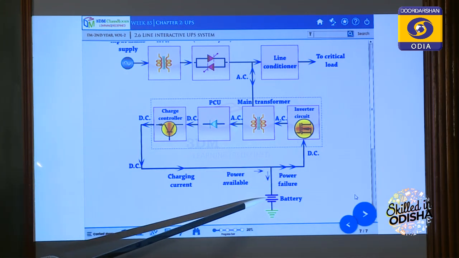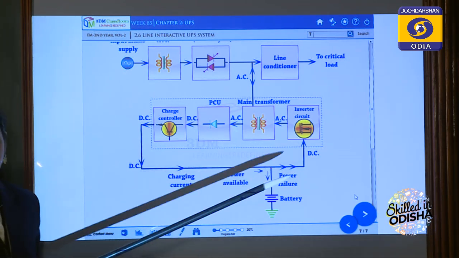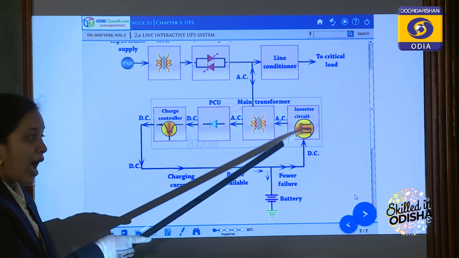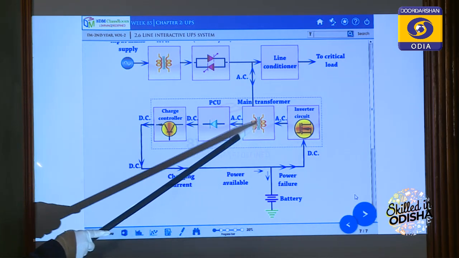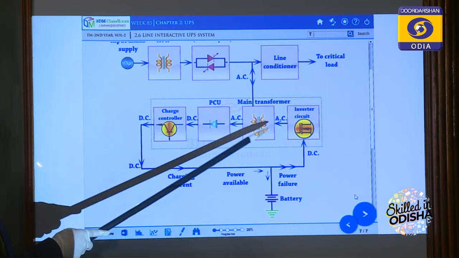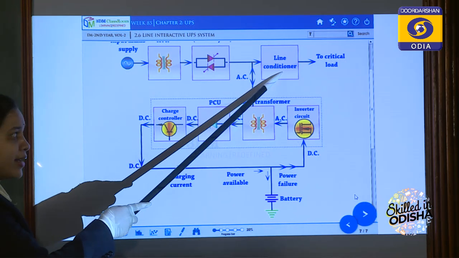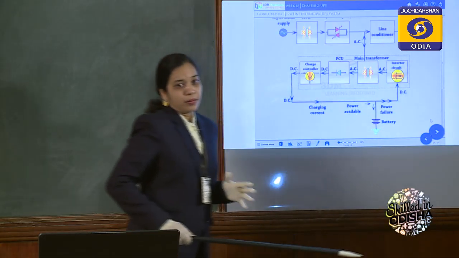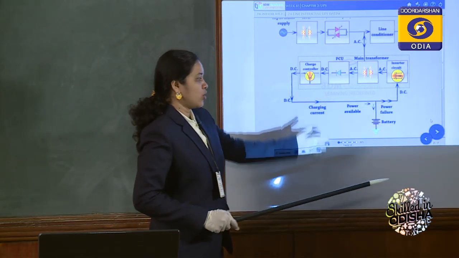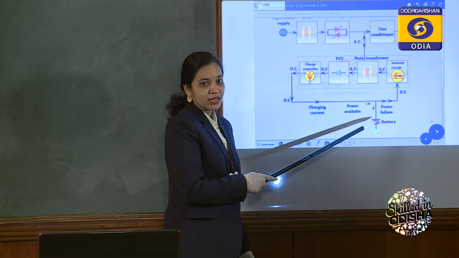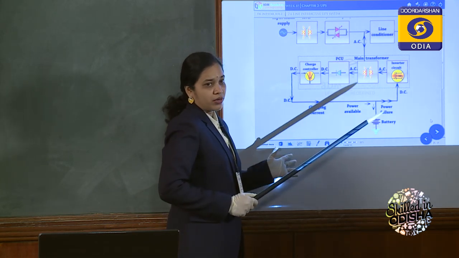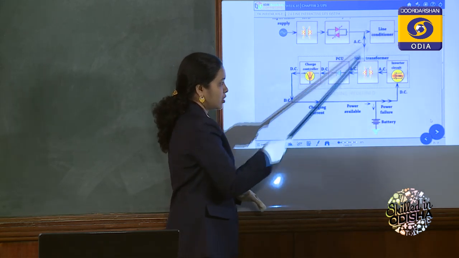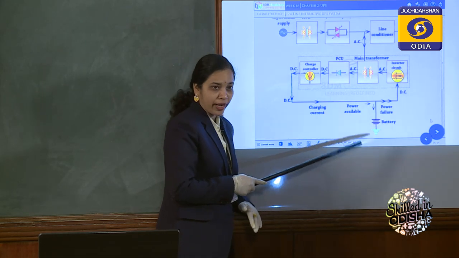From the battery, the DC voltage is converted into AC with the help of this inverter circuit, and that AC is fed into the main transformer, and from the main transformer the AC goes to the line conditioner, and from the line conditioner to the critical load, by which the load runs when AC mains is not available. At that time our load is run with the help of the battery power supply.